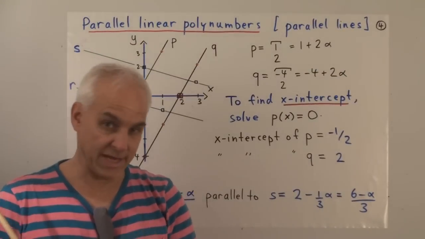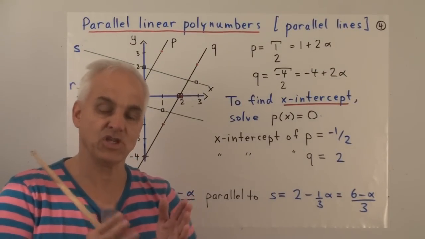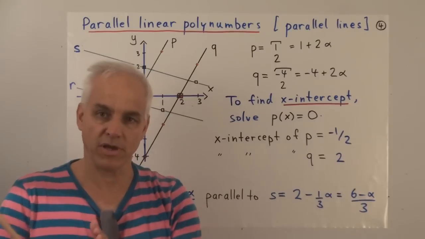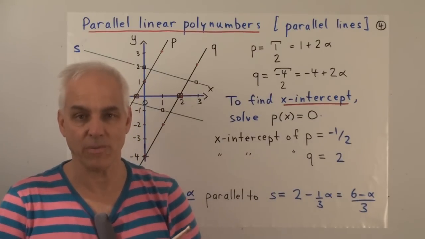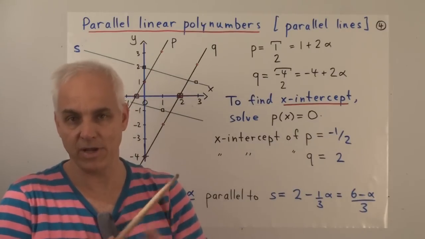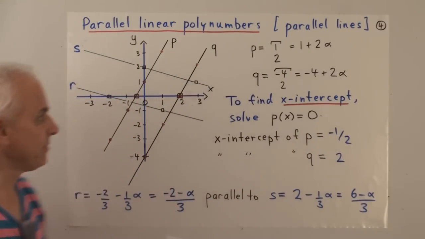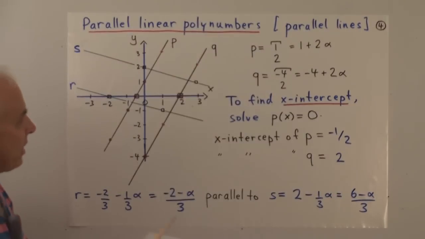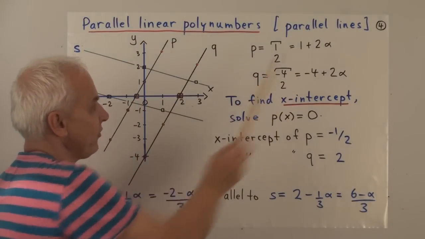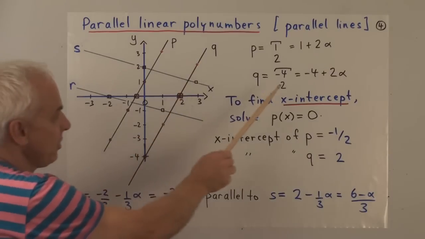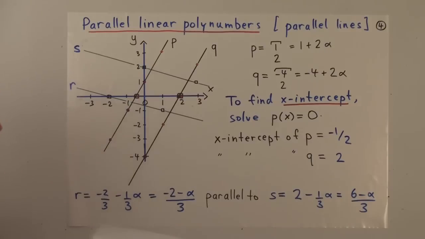So now that we're representing polynumbers geometrically, we can apply geometrical concepts to polynumbers. And for lines, a very natural geometrical concept is the idea of parallel lines. What does that look like algebraically? Well, here's line P, which is 1, 2, or 1 plus 2 alpha. And here's a line Q, which is minus 4, 2, or minus 4 plus 2 alpha.